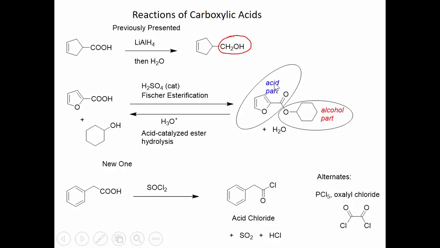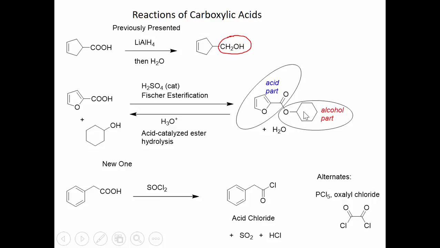And notice how in this ester we can divide it into two parts: the acid part here, which consists of the carbonyl group and the adjacent carbon plus everything that goes with that carbon, and the alcohol group, which includes the oxygen attached to the carbonyl group and everything else attached to that particular oxygen.